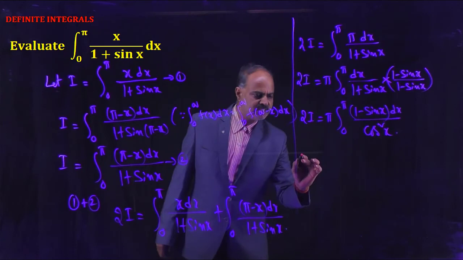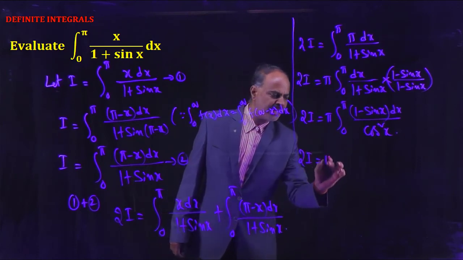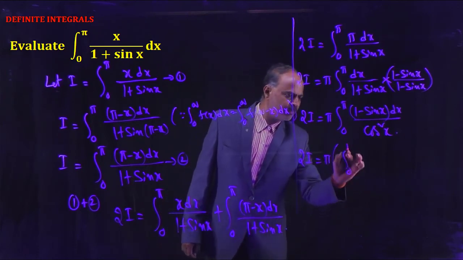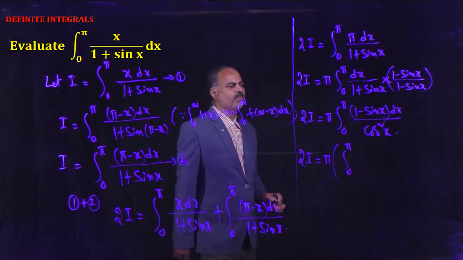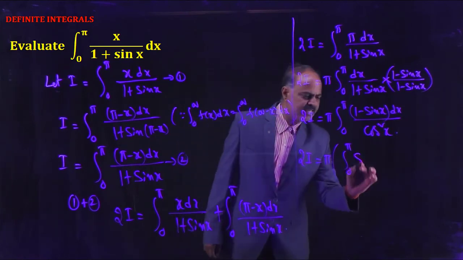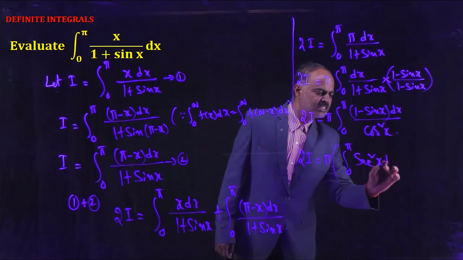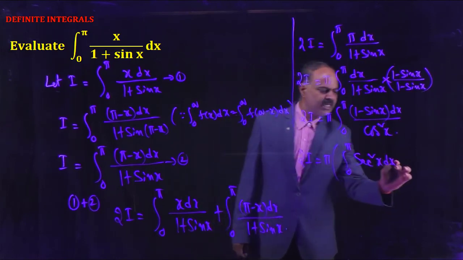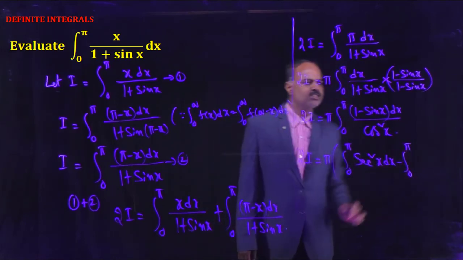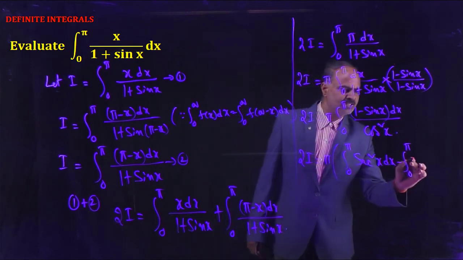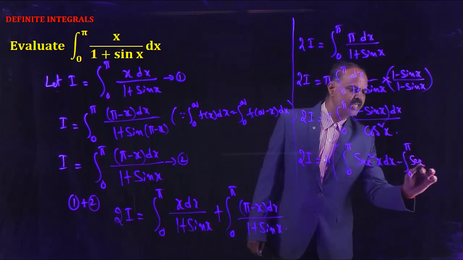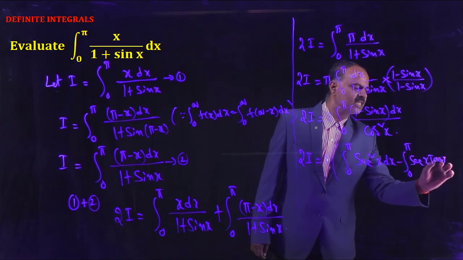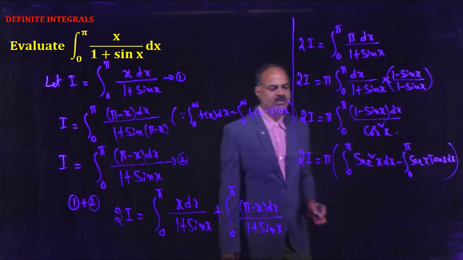Now 2I equal to pi into integral 0 to pi 1 by cos square x dx, that is secant square x dx, minus integral 0 to pi sin x by cos square x, that is secant x into tan x dx.